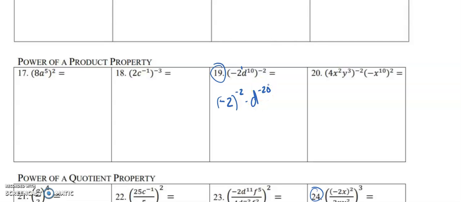Now we want to have positive exponents, so this is all over 1. If I take the reciprocal, I guess technically we should say this term's over 1, that term's over 1, right? So I would have 1 over negative 2 squared times 1 over d to the 20th, which will equal 1 over negative 2 squared is 4, 4d to the 20th power.